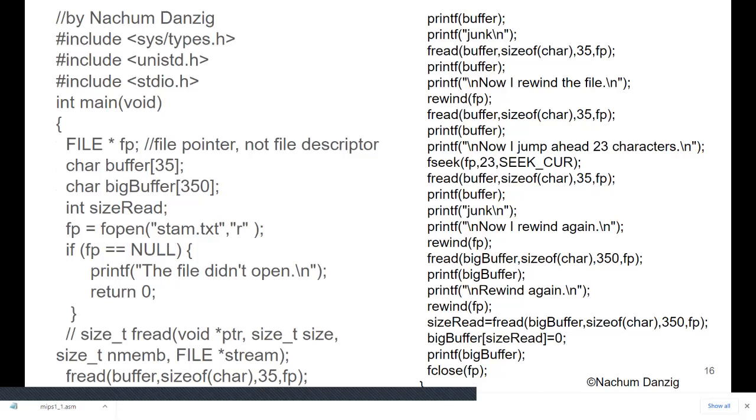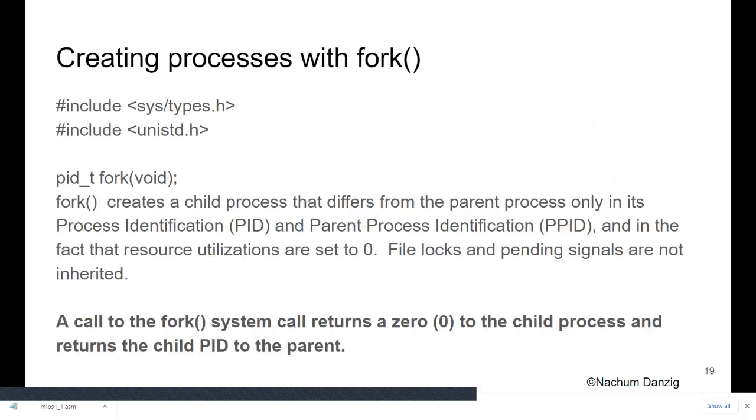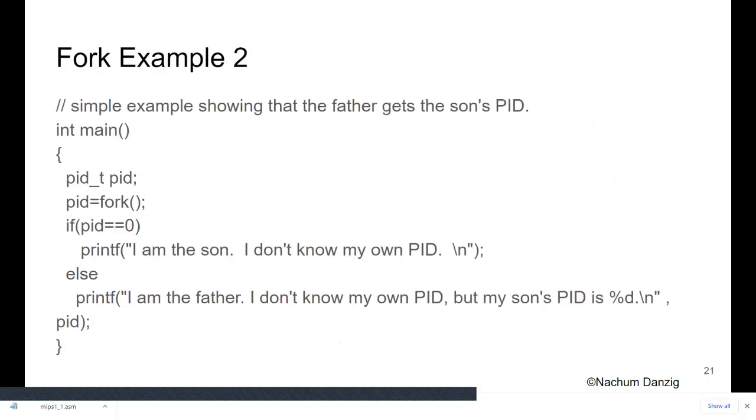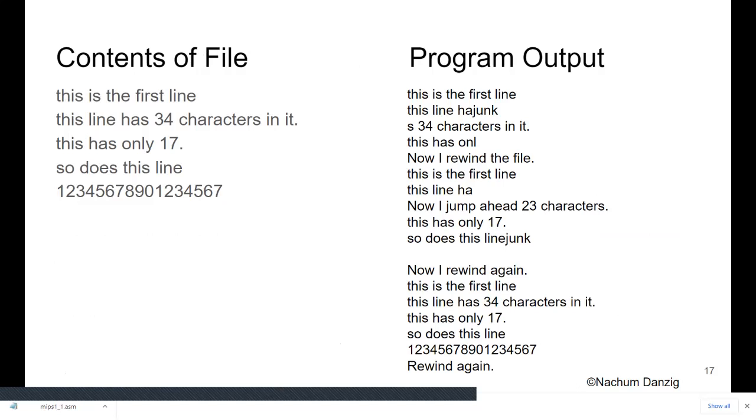Here I read the big buffer and I printed it. Here I read the big buffer again. Why am I doing that again? I'm doing it properly, putting in the 0 and then printing it. Oh, I want to show you the difference. I forgot to put in the 0 here. But I cut off, I don't have the printout. The point is, I should have had another printout here.